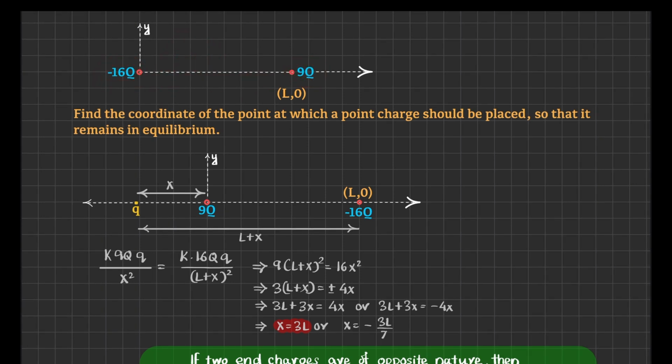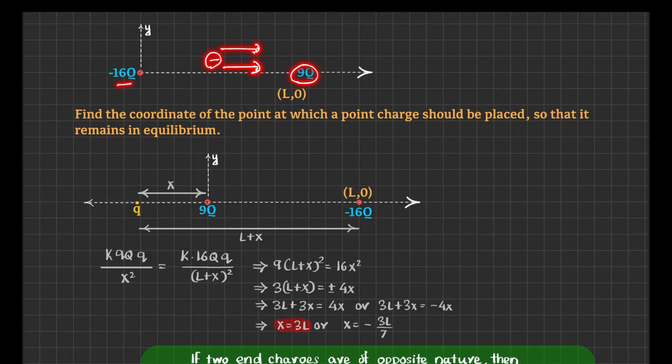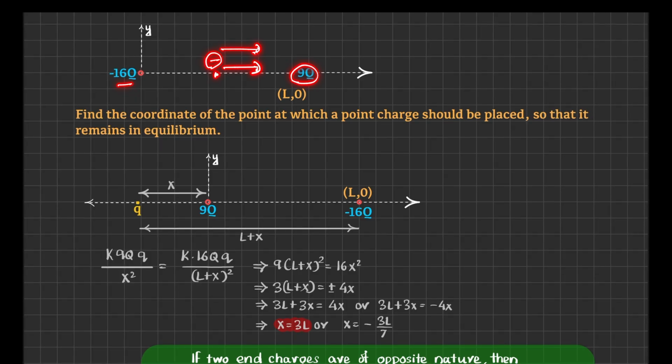Similarly, if we assume a negative charge, then minus 16q will push it and 9q will try to pull it towards itself. So in that case, these two forces again will be in the same direction, and they cannot cancel. Even if we get a solution where the two forces are equal, they won't be in opposite directions, so they cannot cancel each other.